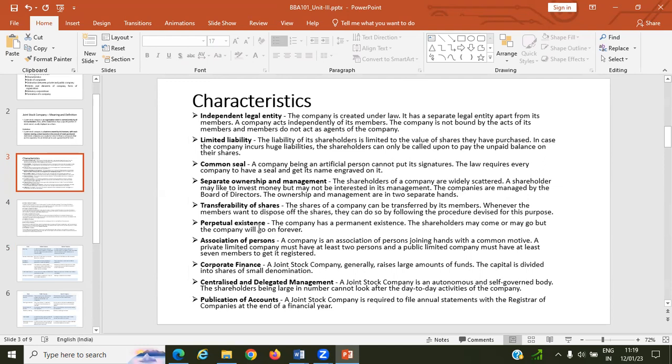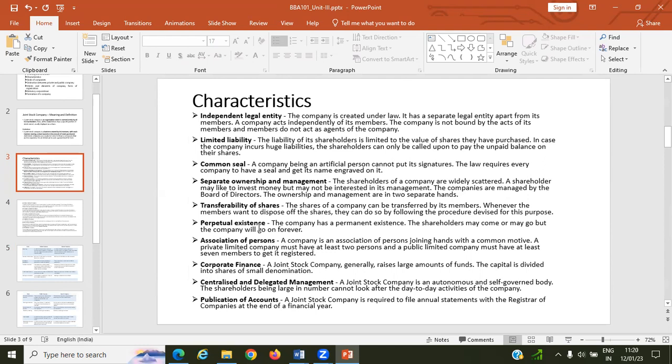Sole proprietorship is where one person is doing business. It has advantages and disadvantages. One person cannot do all the activity. So what will happen? The partnership came into the picture.